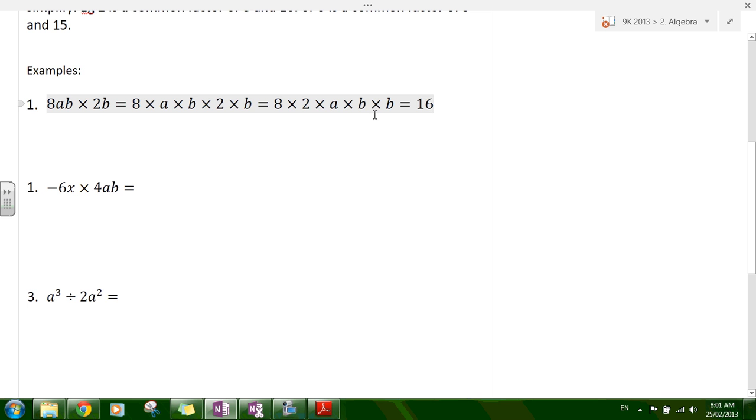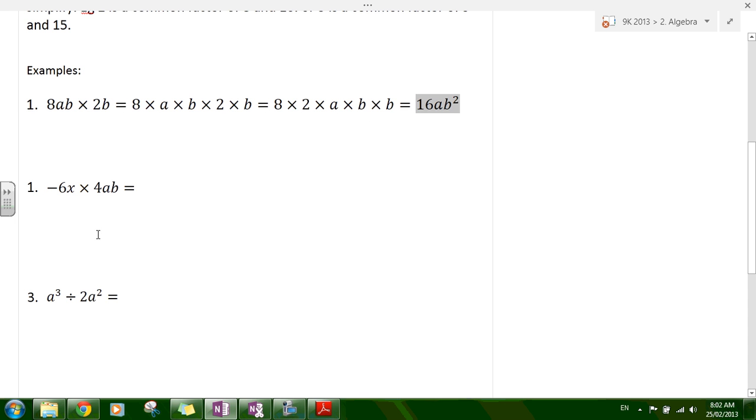A by itself is just a, so that stays the same. And then b times b is b squared. So that's going to be 16ab squared, is what we end up with. So if you take it step by step, break it down, rearrange it, and then put it back together, you see that we get 16ab squared. So that's our first one.